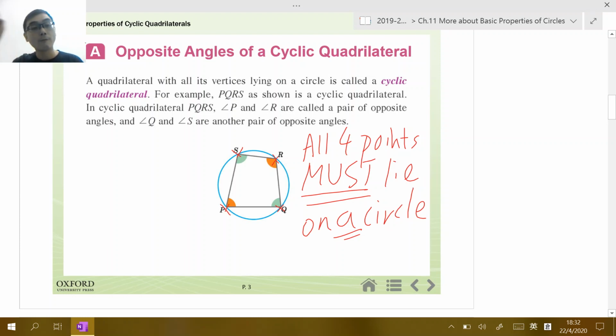That means you can form a 4-sided polygon, just like this one. Then we call this polygon the cyclic quadrilateral. So it's just very easy. All the 4 points must lie on the circle, then you can form a quadrilateral, and this quadrilateral is called cyclic. So actually the word cyclic, C-Y-C-L-I-C, means they fall on the same circle. So we call it a cyclic quadrilateral.